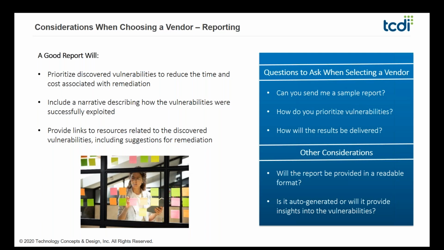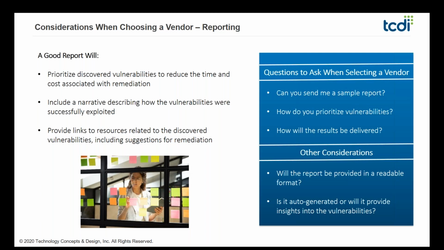So with selecting your vendor for reporting, we sometimes recommend asking for a sample report that'll give you a lot of insight as to how this vendor evaluates the data and presents the data, and how that may provide you with the value to be able to then take that data and hit the ground running in your remediation efforts.